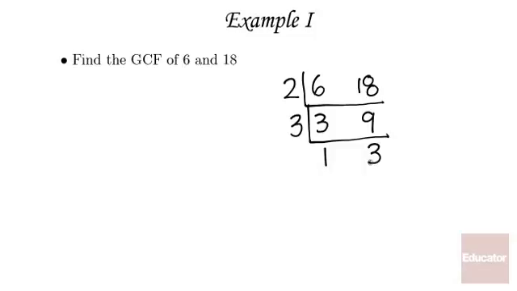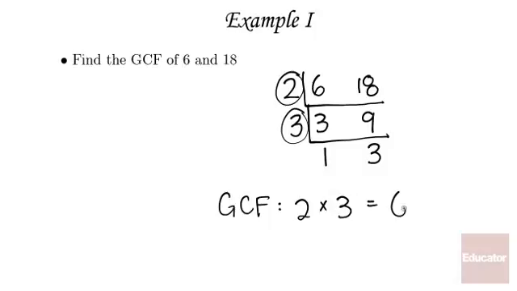So again, these bottom numbers, 1 and 3, they only have a common factor of 1, which means that I'm done. So I take these two numbers on the side. You're going to take all the numbers and you're going to multiply them out. So the GCF of 6 and 18 is 2 times 3, which is going to be 6.